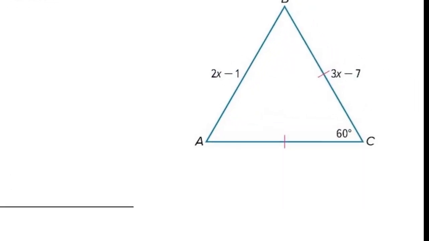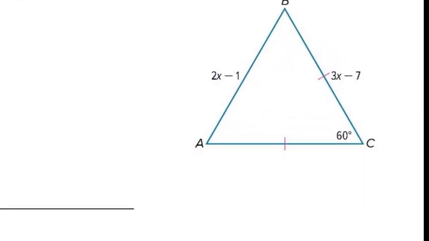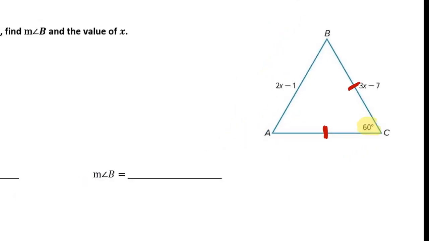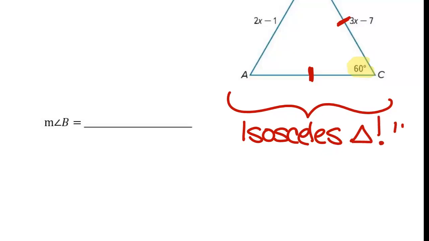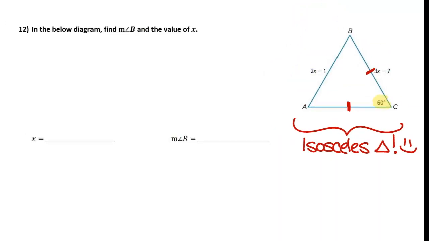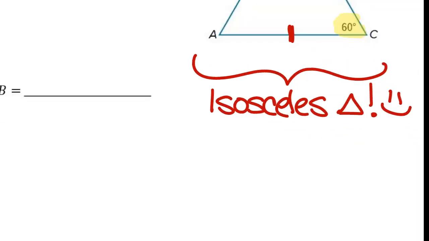So what we know in this problem is that we have a 60-degree angle down here at C, and I have these congruence markings here on AC and BC, which means this is what type of triangle? Isosceles triangle. Isosceles triangle has two congruent angles and two congruent sides.